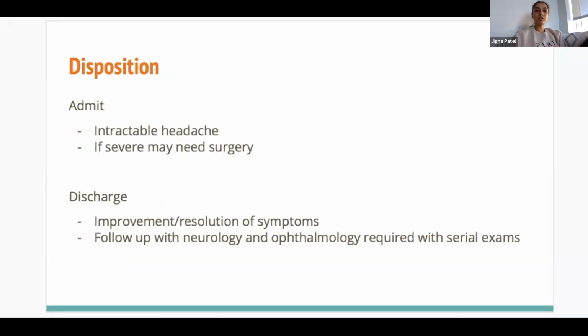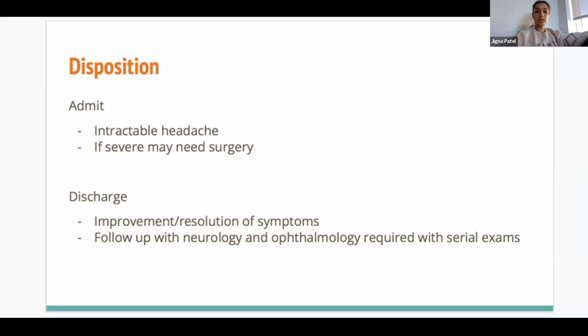So the disposition for these patients: patients with an intractable headache or a compromise requiring possible surgery, if the headache is very severe, these patients should definitely be admitted to the hospital. Their discharge criteria is basically improvement or resolution of symptoms.